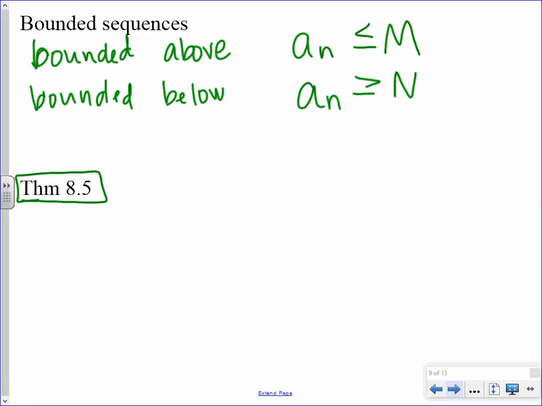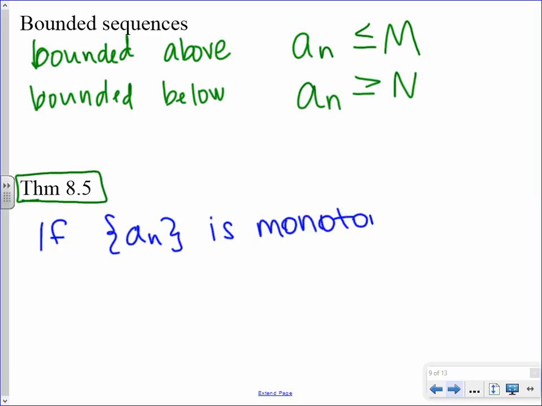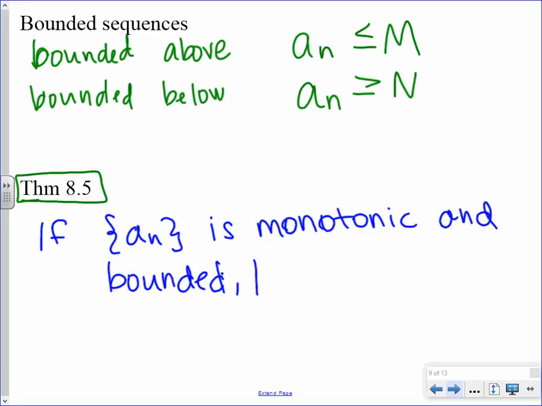If our sequence is monotonic and bounded, what will that mean? Makes sense, right?